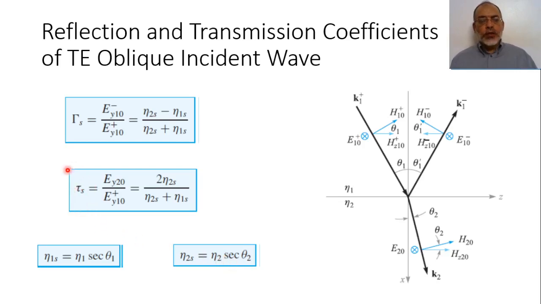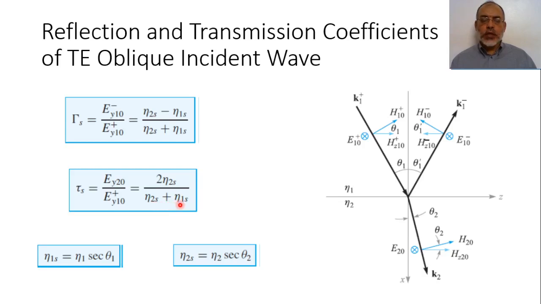The transmission coefficient in the case of transverse electric field, or S polarization, or perpendicular polarization, would be the magnitude of the transmitted electric field EY20 over the magnitude of the incident electric field EY10 plus, which in this case equals 2 multiplied by eta 2s over eta 2s plus eta 1s.